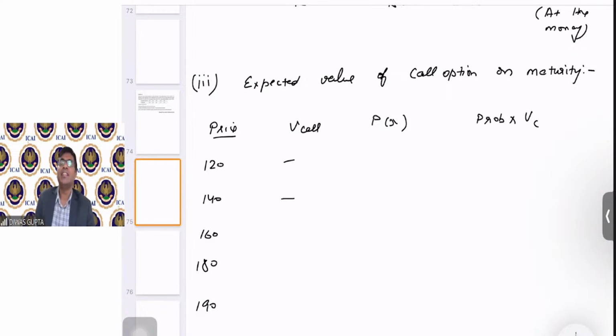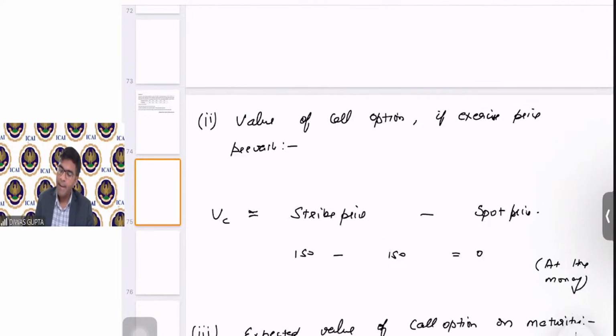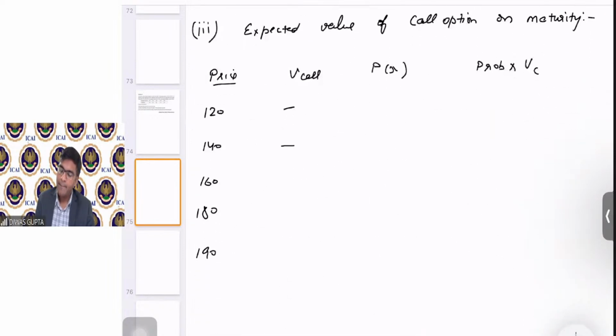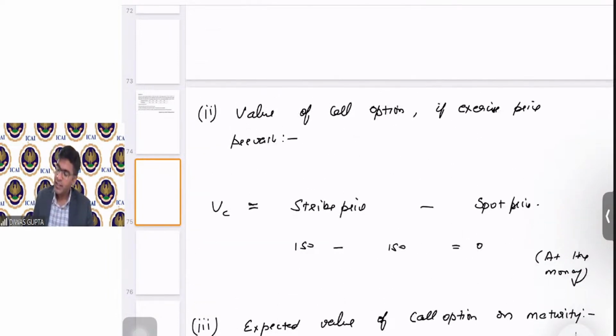Now 160 is the spot price. So 160 as the spot price minus the strike price of 150, that will become 10 rupees. Similarly here 180 minus 150, which is 30, then 40. Sorry students, there is one correction here.